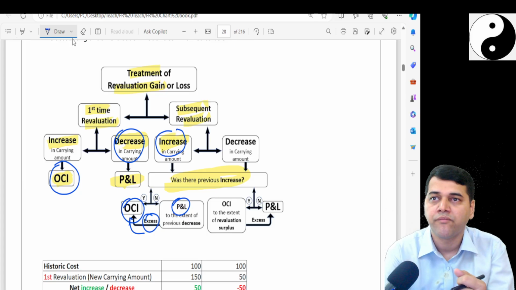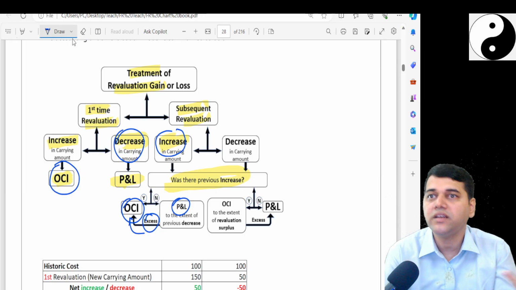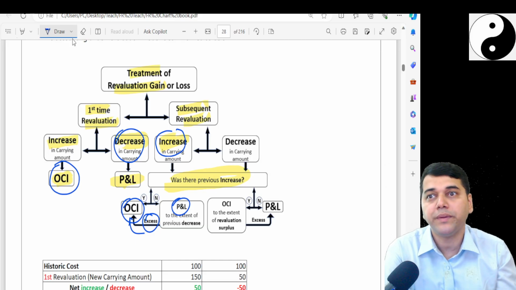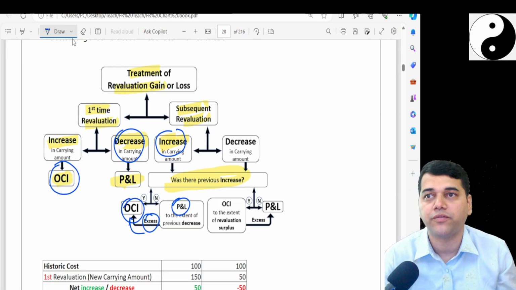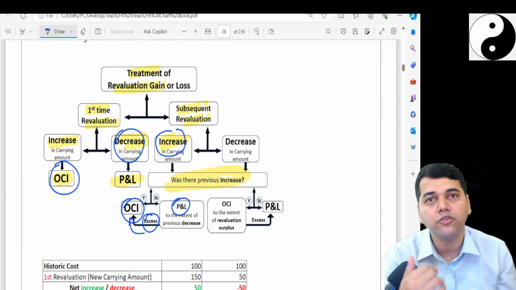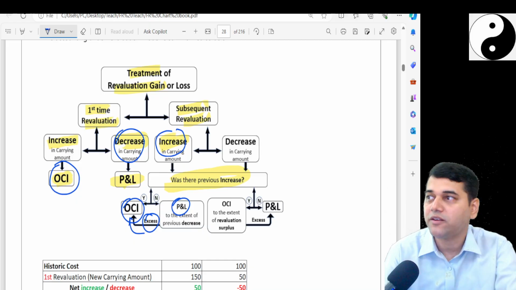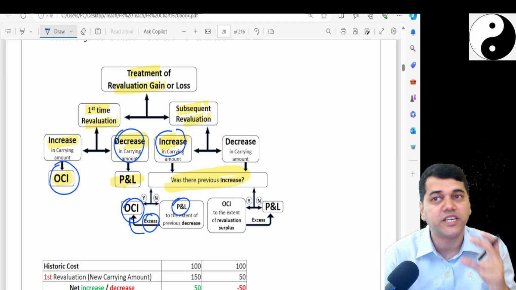Point number one, it's unrealized. Point number two, again, third is no control. Otherwise I will take it to the P&L account, then nice, no? I will revalue the land and say it's my profit. People will ask, what is your performance? You say profit, I agree. Show me during the year how much profit you made. But don't show me in the P&L account, give me a separate statement.